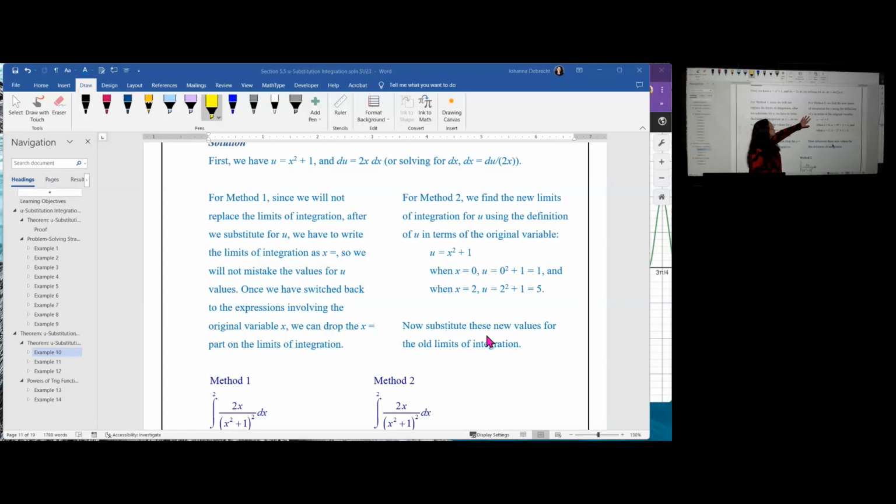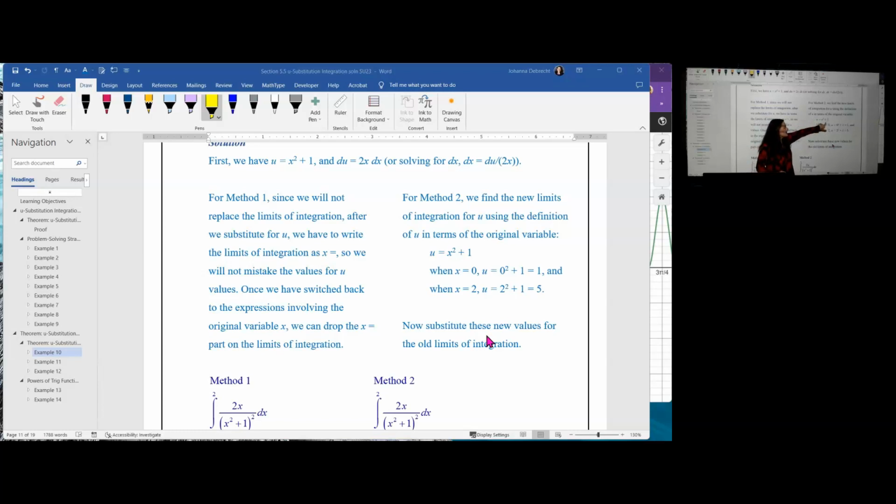For method 2, again, we know u is x squared plus 1 and du is 2x dx, taking the derivative and abusing the notation. And I know that I want to stay in u and not go back to x. So I'm going to find u limits to replace the x limits. The original integral started at x equals 0, but I have an equation which defines the relationship between u and x, and it's even solved for u.